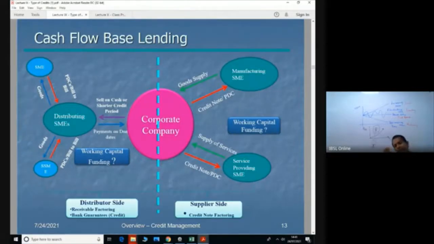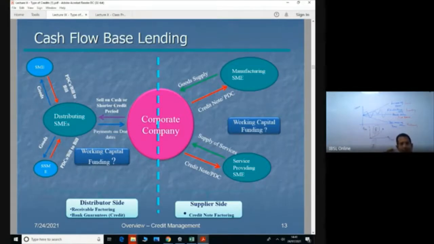Then this customer comes to you, his banker, and says, sir, I have an order for 700,000 rupees, 70,000 pieces. I want 500,000. Are you comfortable to give 500,000 to this customer for maybe 2 months, 3 months?